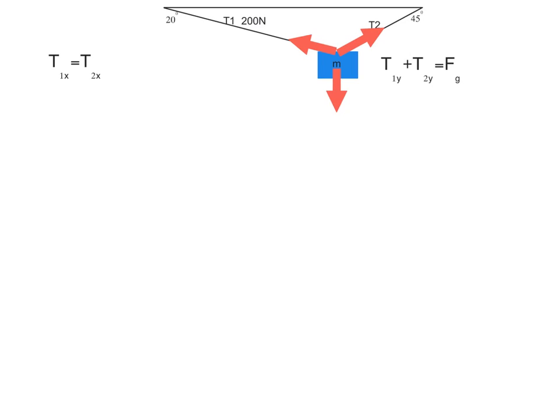So now we're going to have T1Y plus T2Y, those two together are going to equal the force of gravity pulling down.